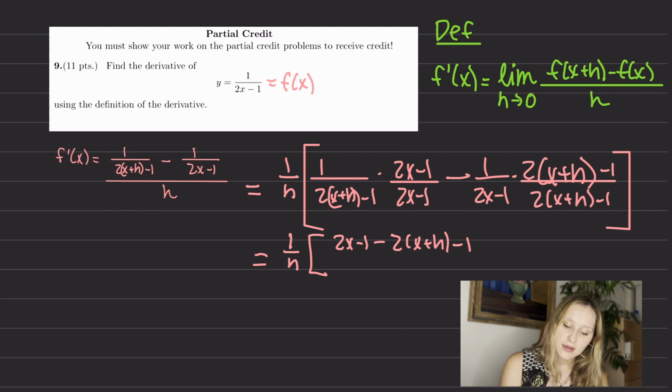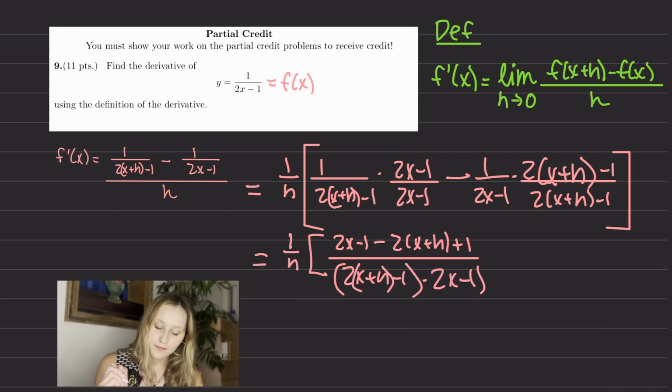And that becomes a plus 1 because of this negative sign. And then the bottom we get 2x plus h minus 1 times 2x minus 1.